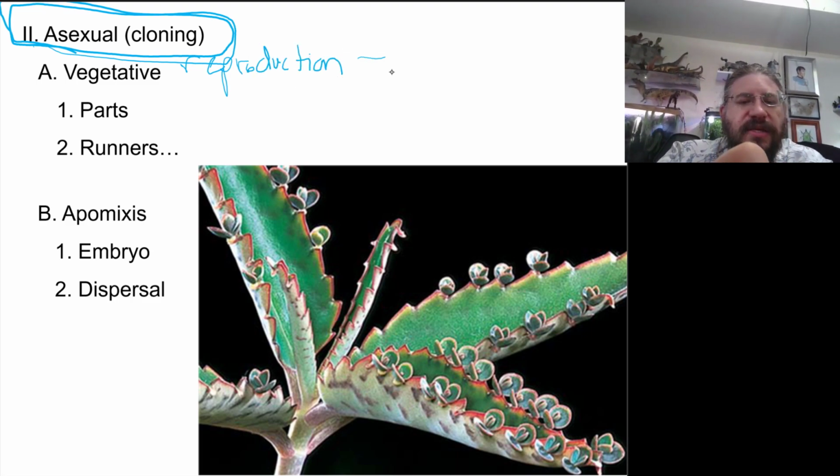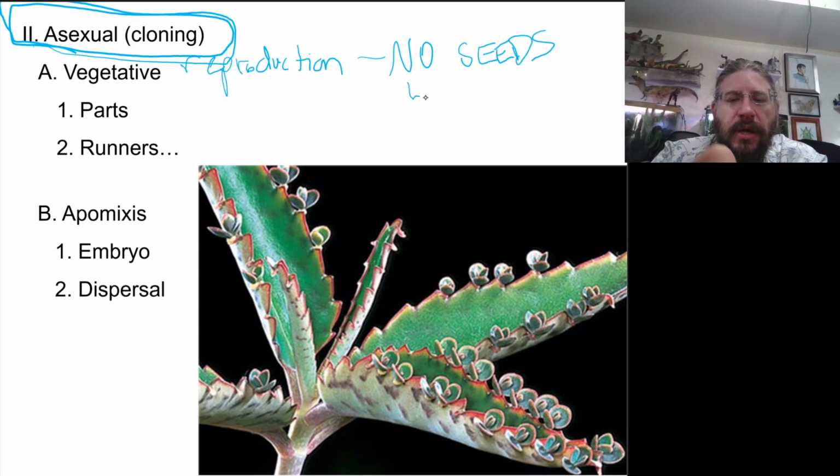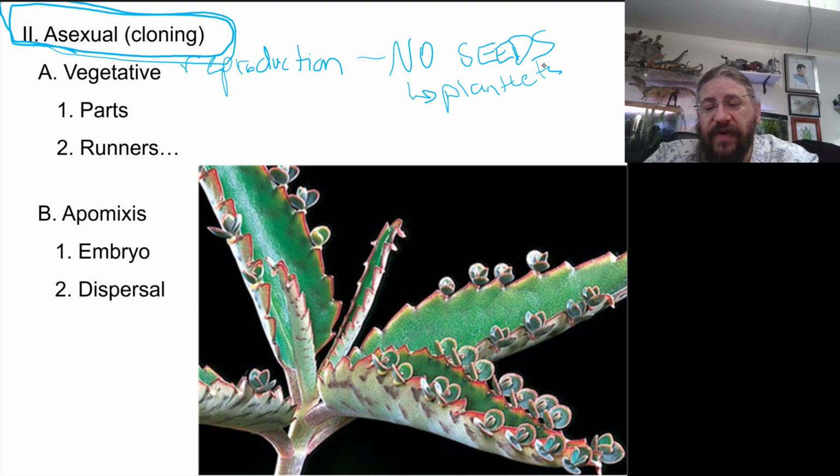So a big part of this that defines it is we're not producing seeds here. Generally, we're producing plantlets or even new plants from parental chunks.